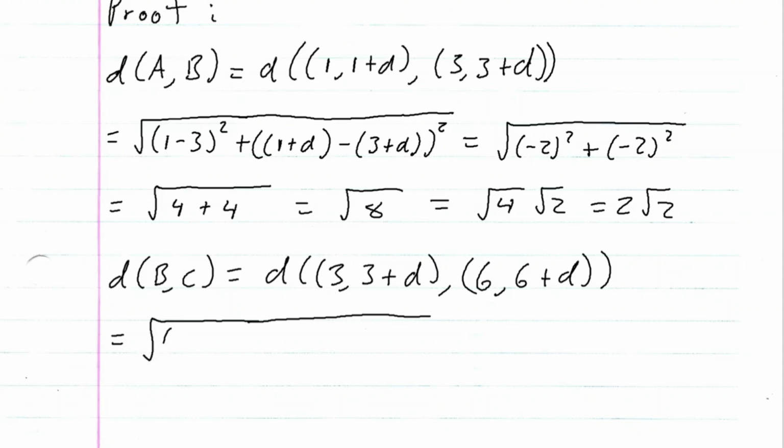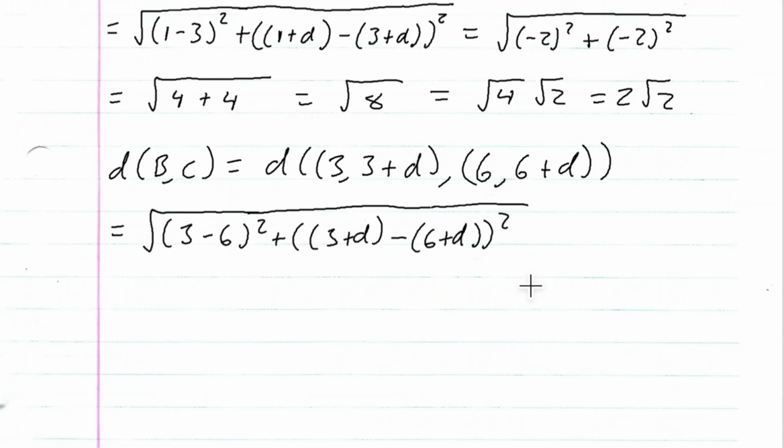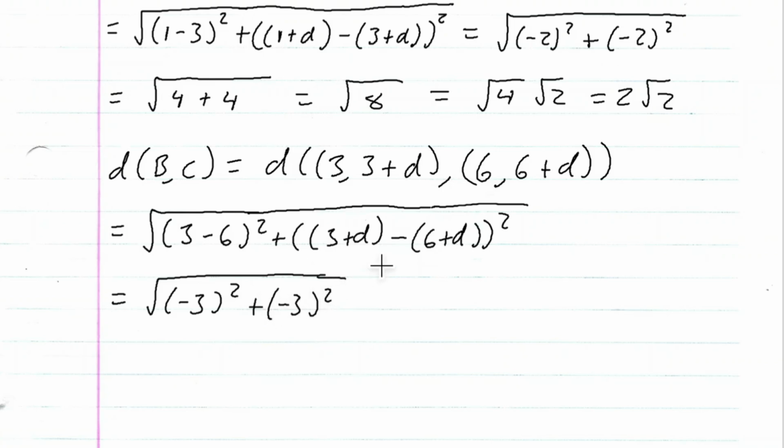So this will be (3 minus 6) squared plus (3 + D minus 6 + D) squared, right? Okay, so this is going to be negative 3 here. So this will be the square root of negative 3 squared. And then the D's go away, and we're left with just 3 minus 6 over here as well. So plus negative 3 squared again, right?